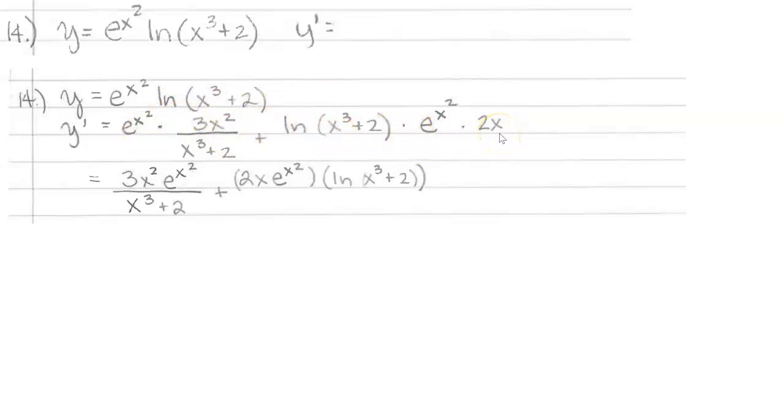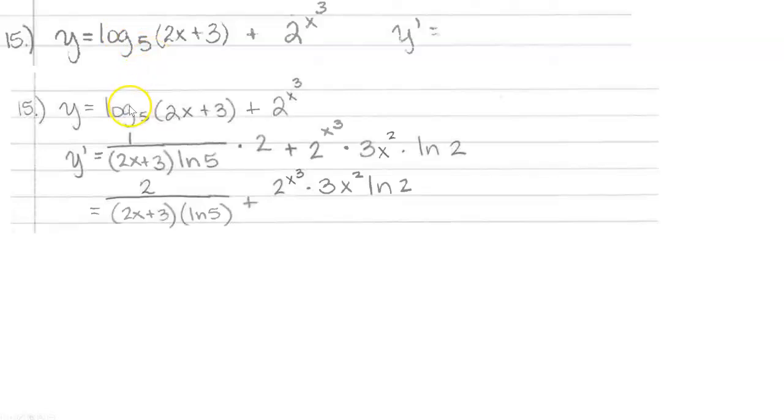So we could simplify that a little bit, just combining these two over that common denominator. And then you don't have to move these out in front, but you can. And we could factor out an x e to the x as well. That would be another way of writing this, but it's perfectly fine to leave it as it is.